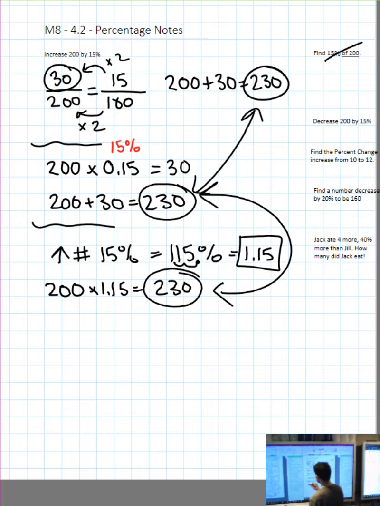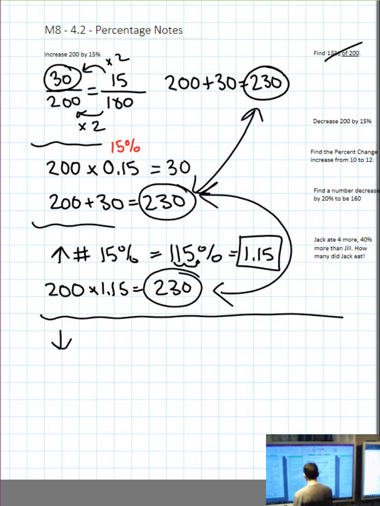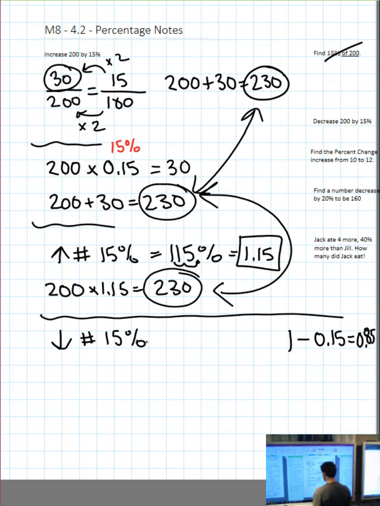So, now, what if I use that same theory to decrease a number by 15%? Well, if I start off with 100% of my calculator and I decrease the size of it by 15%, what percentage am I going to have? Well, off to the right, I'm going to do 1 minus the decimal, 0.15, and I get 0.85. So I'm simply just going to times 200 by 0.85.